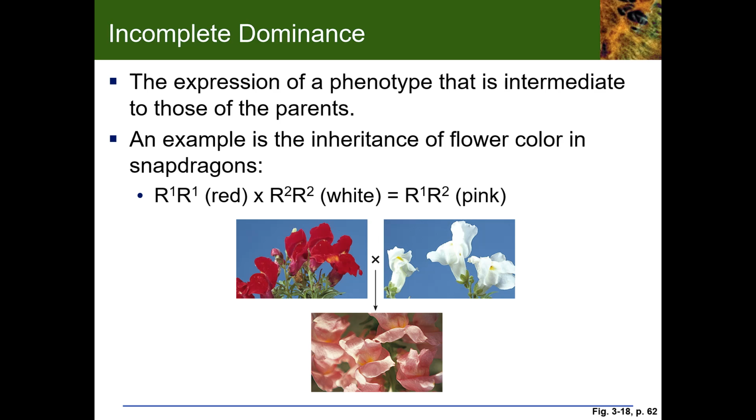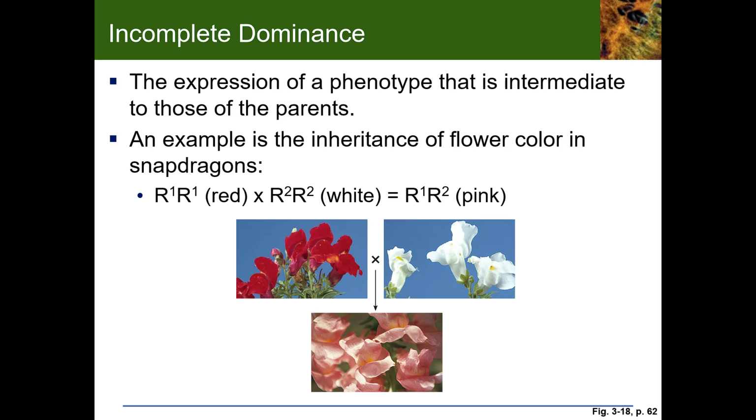For instance, if you have a parent that's homozygous dominant for red, and you cross it with a female that's homozygous for white, then the offspring is going to get a gene from each parent that is going to be intermediate.